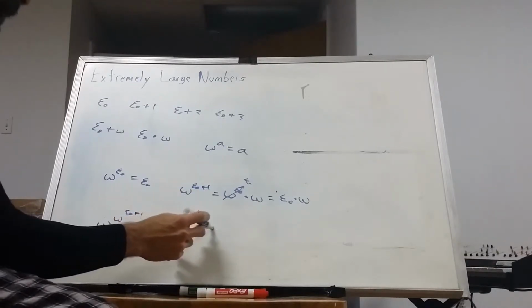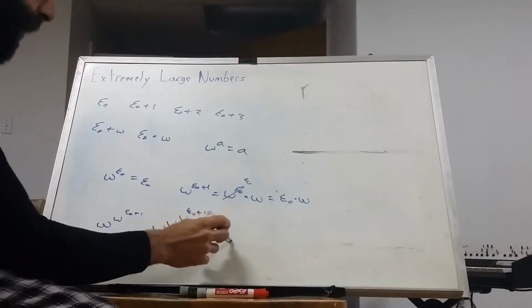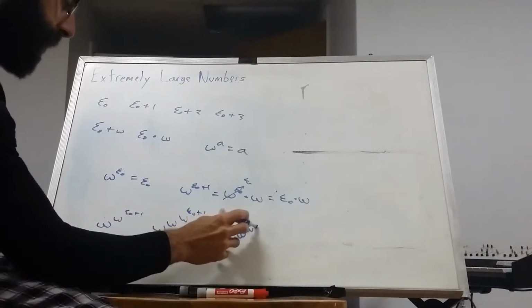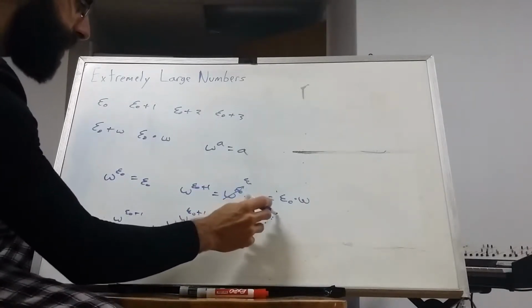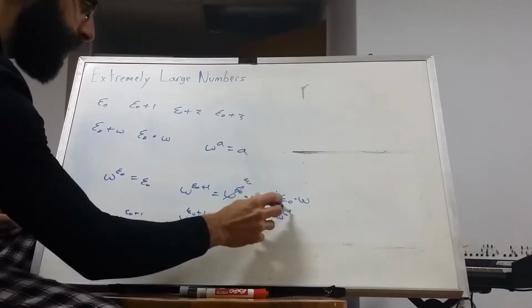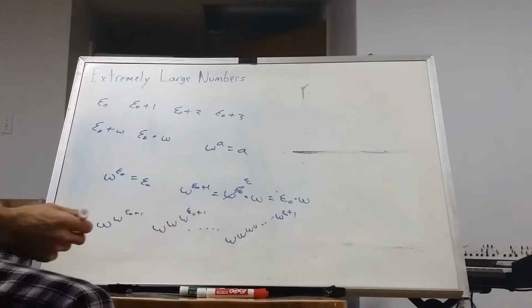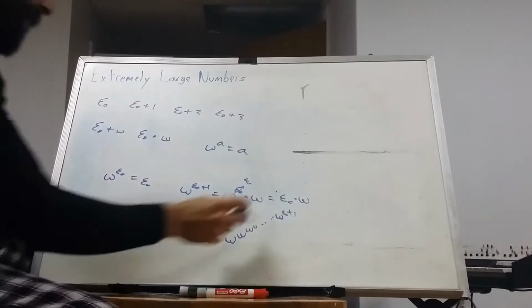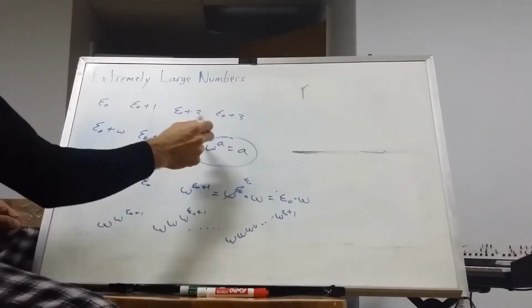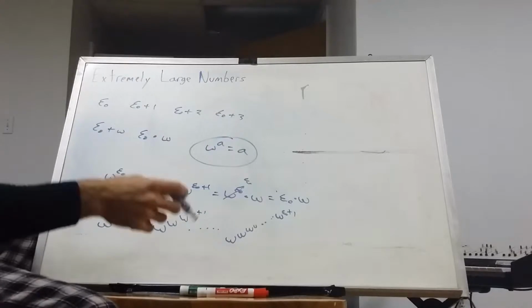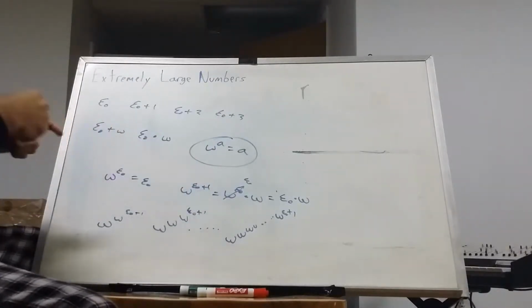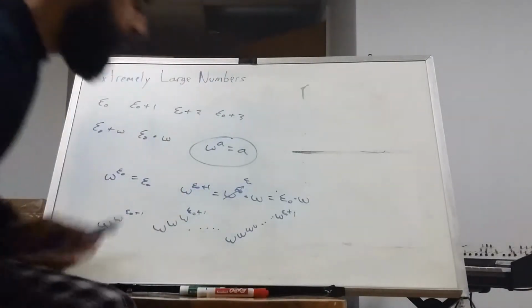And we can keep on going until we finally get omega to the omega to the omega, an infinite number of omegas, and we just plop epsilon naught plus 1 on the top of it. Now this satisfies this equation here, omega to the A is equal to A.